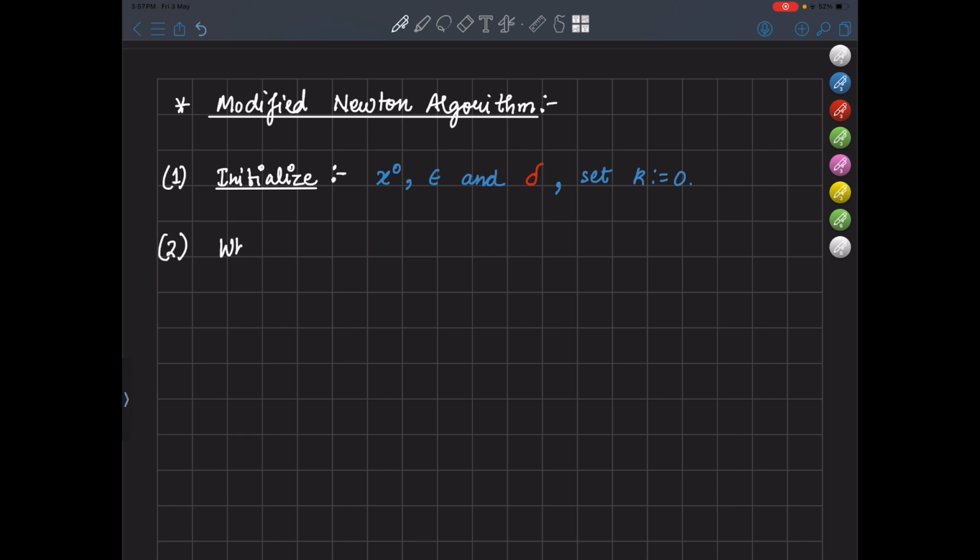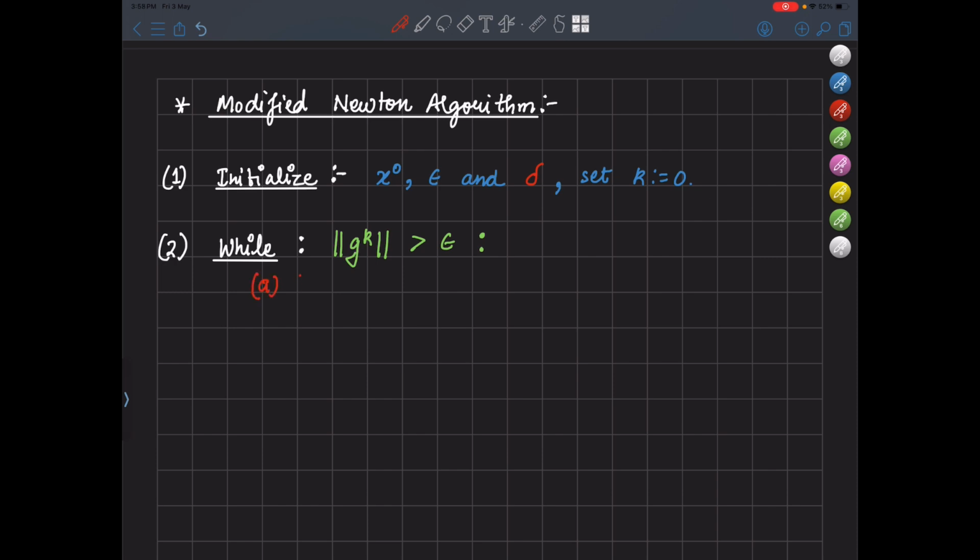Now while the stopping condition is not satisfied, that is, the norm of the gradient is greater than epsilon, the loop keeps going on, and the first step is, what is this first step?